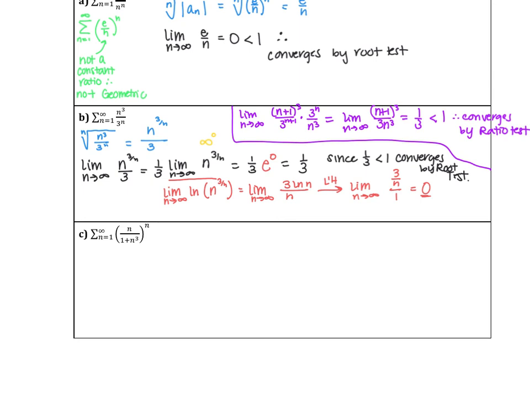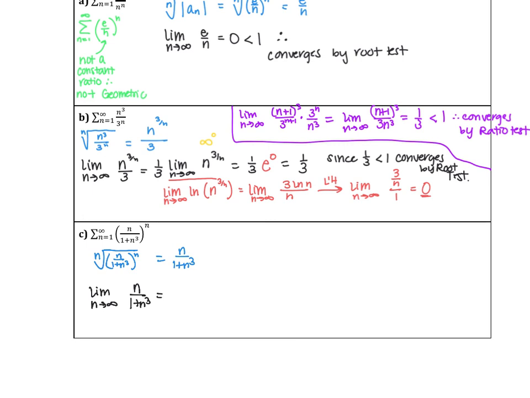Hopefully you had a chance to give it a go. And I'm going to use the root test. So I'm going to take the nth root of n over 1 plus n cubed to the n power. This gives me n over 1 plus n cubed. So the problem I'm actually doing is the limit as n approaches infinity of n over 1 plus n cubed.